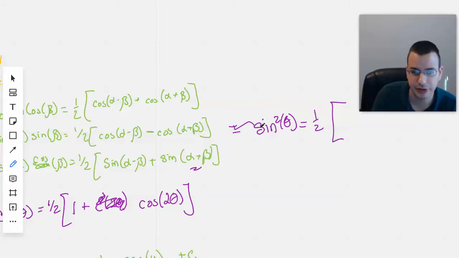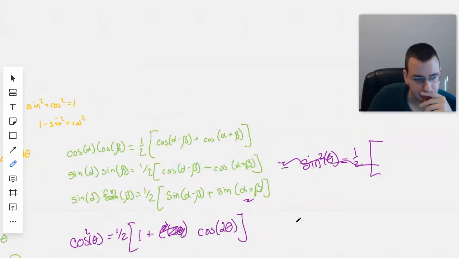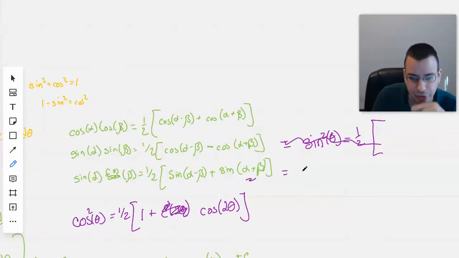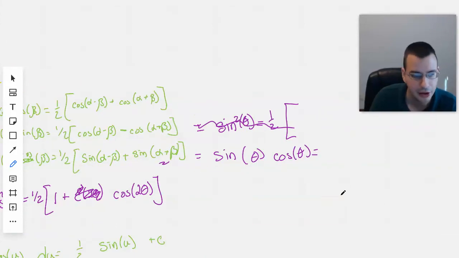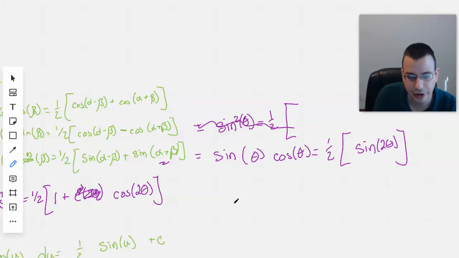That equals sine theta cosine theta equals 1/2, and this will be sine of 0, which is 0, plus sine of 2 theta. There we go, there's our half angle formula. So sine of 2 theta equals 2 sine theta cosine theta.